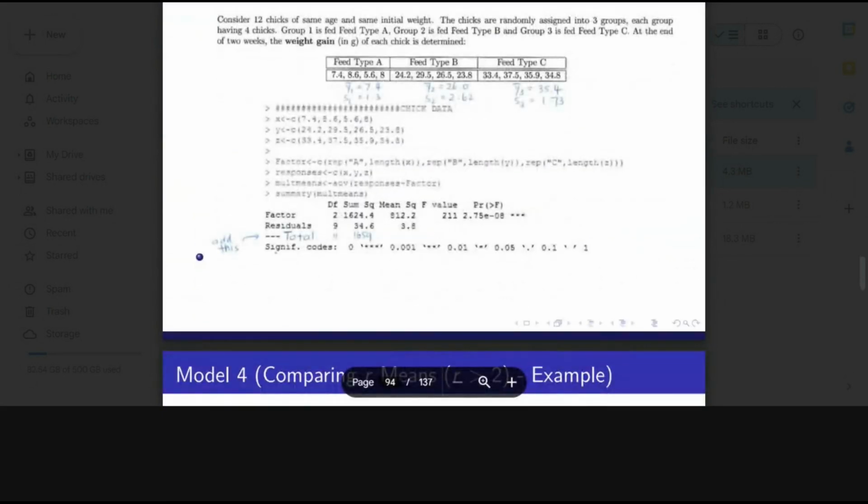I gave you a practical example. So you have different feed types that you give to chickens to eat. This is a very, very small sample size, but it will serve our purpose. Every feed type has 4 chickens inside. There is a sample mean and sample standard deviation like that. I've given you some code. You can use this. You can also use another code which I'll show you now.